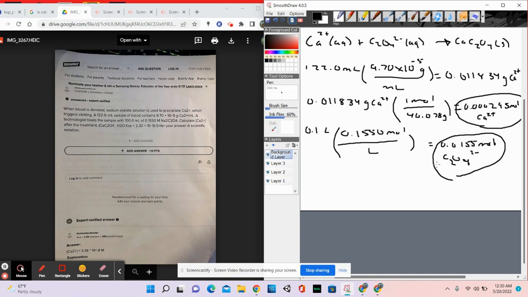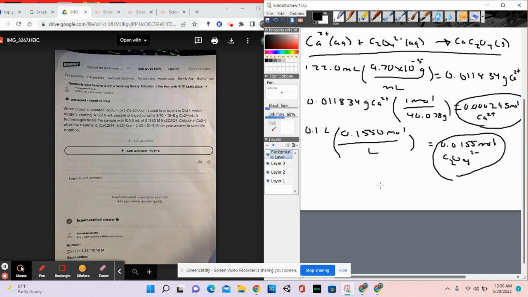Now, we want to find the limiting reactant to see how much of whichever ion is left over. Since this reacts in a 1-to-1 ratio, I'm going to underline this. We can clearly see that the limiting reactant is the calcium, because only 0.000295 moles react with 0.0155 moles of the oxalate.